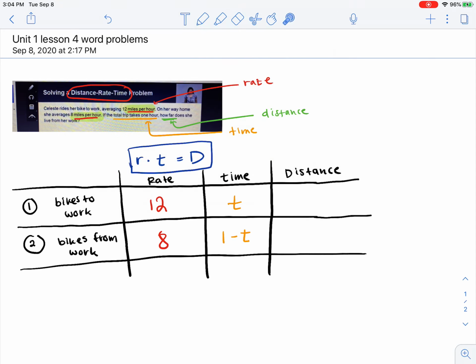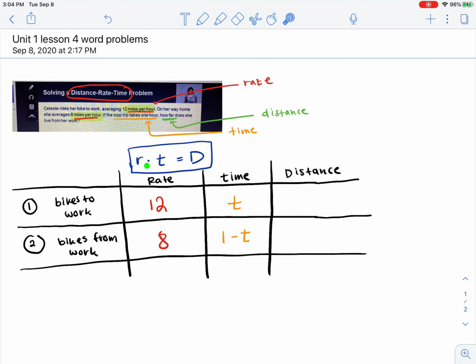You might wonder, but Miss O, we were able to figure out rate and time, but they don't mention anything about distance because that's what they want us to find. How far does she live from work? What's the distance? We might feel a little bit stuck here, but if we reference back to our equation, rate times time is always equal to distance.